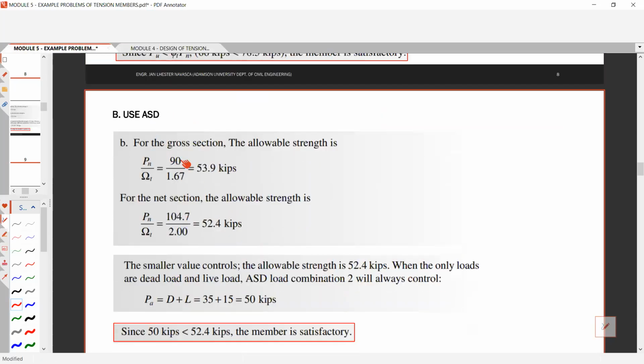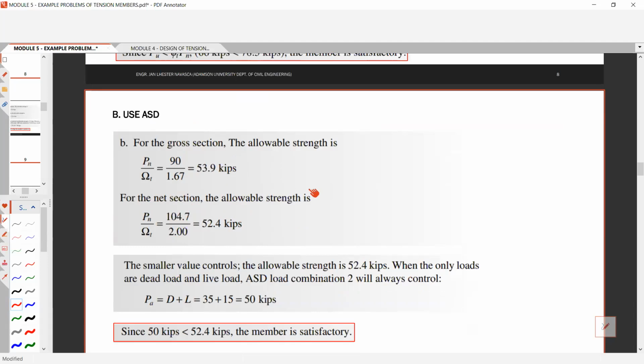Therefore, based on yielding of the cross section, your nominal strength divided by 1.67 gives 53.9 kips. And based on fracture in the net section, the nominal strength divided by 2.0 gives 52.4 kips.